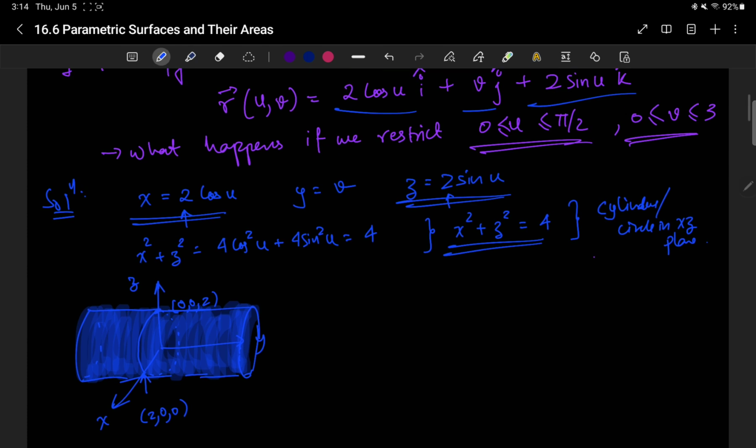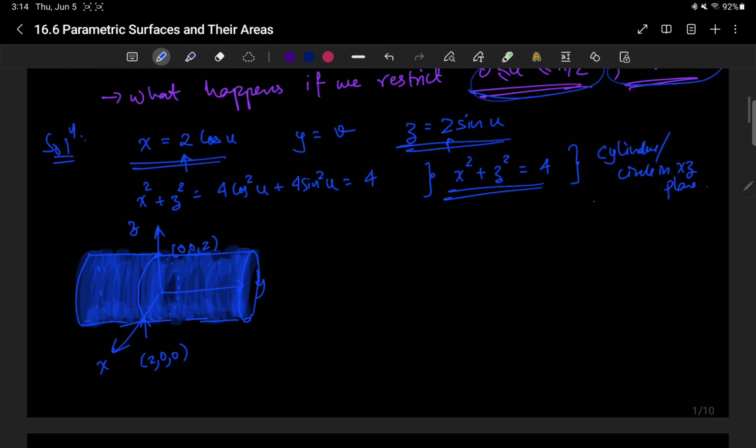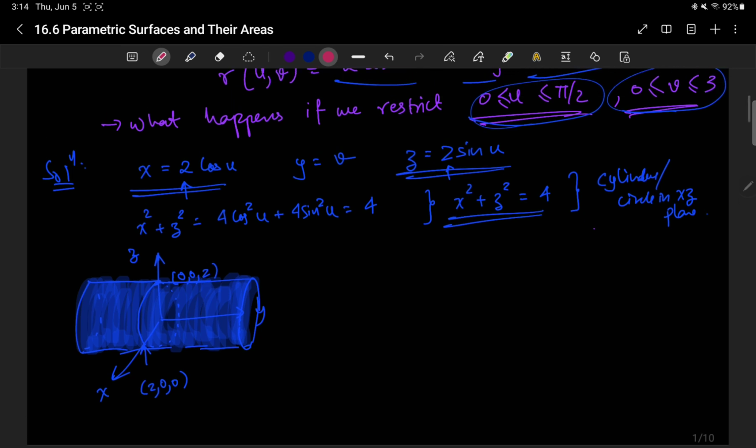The second part of the problem says what happens if we restrict u to 0 to pi over 2 and v to 0 to 3. So what that does is it simply restricts each of your elements. So u between 0 and pi over 2 means that for the angle we're only working with one section, like 0 to pi over 2. So it's not a full circle, it's a quarter circle. And v between 0 and 3 means we're also cutting this off at 3.